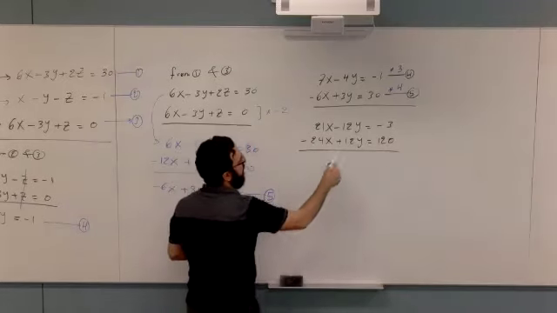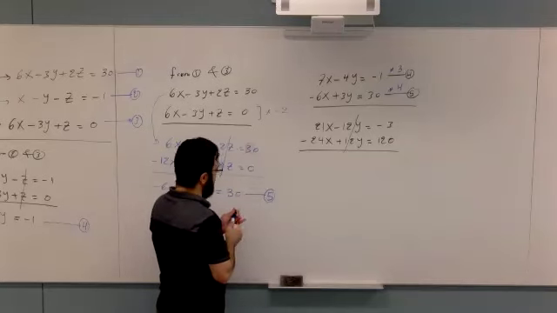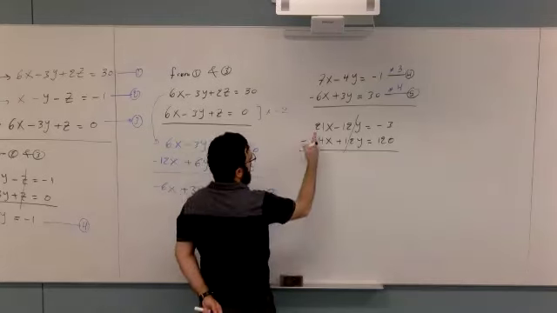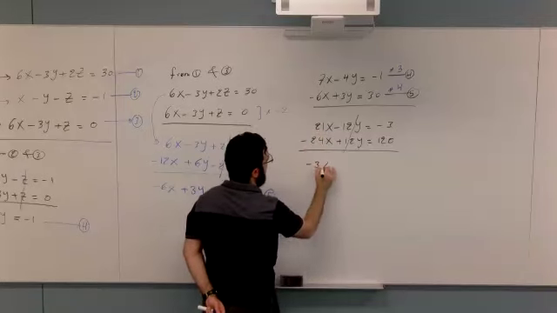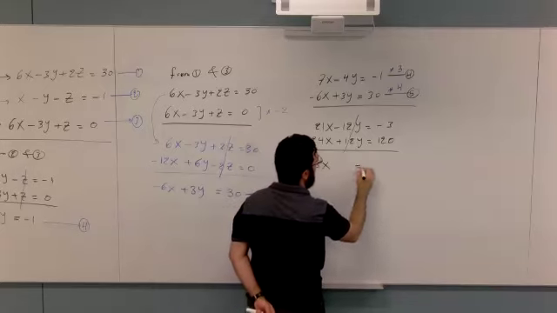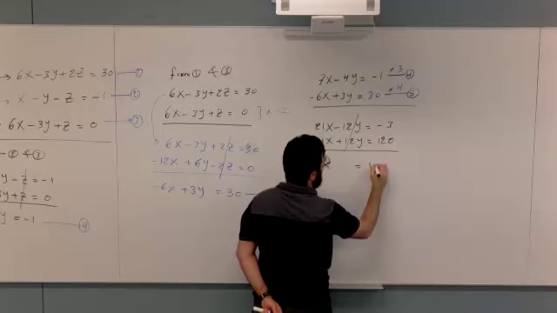Now we have what? 21 minus 24, negative 3x equal 120 minus 3.